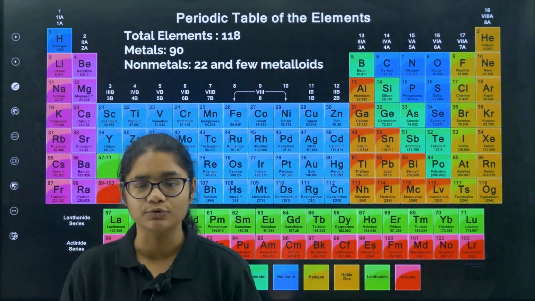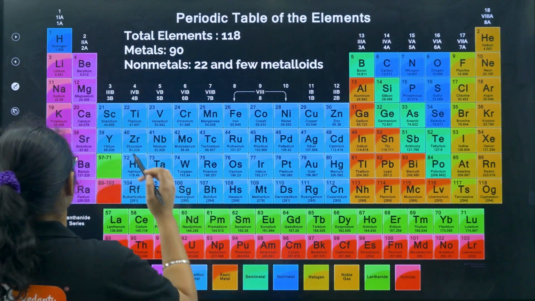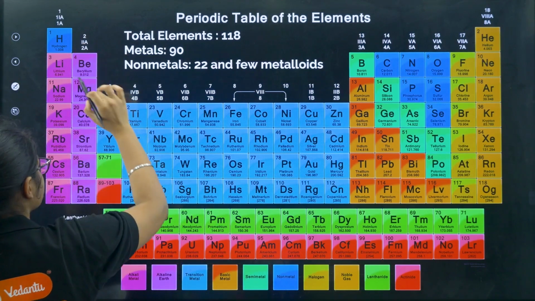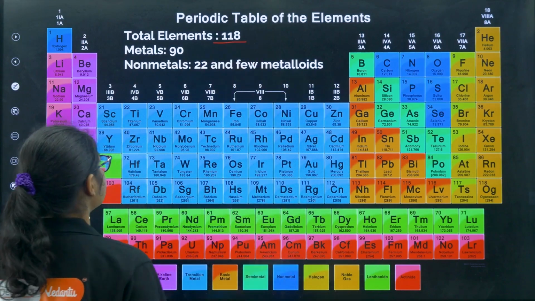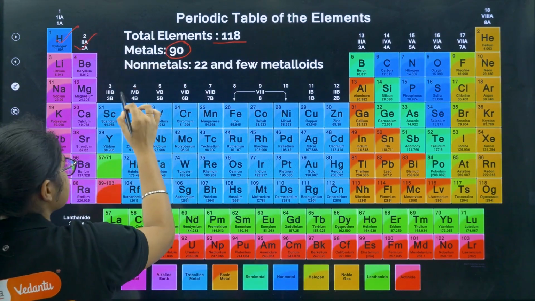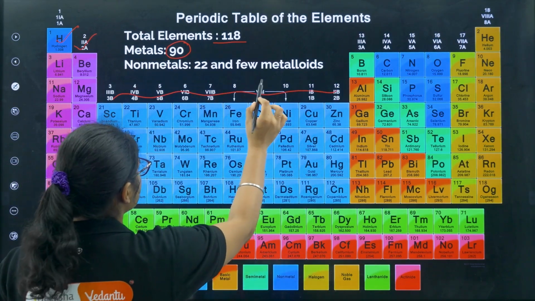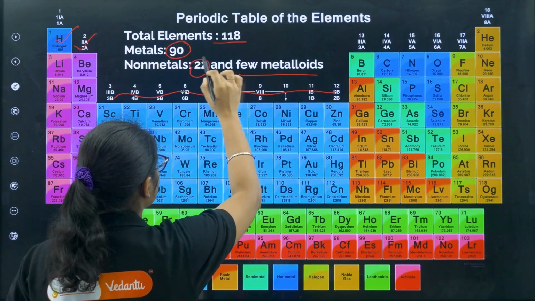Periodic table, I think all of you would have seen. Where are metals and non-metals exactly present in the periodic table? There are a total of 118 elements, out of which 90 are metals. Generally these all are your metals. There are a few metalloids and 22 non-metals.